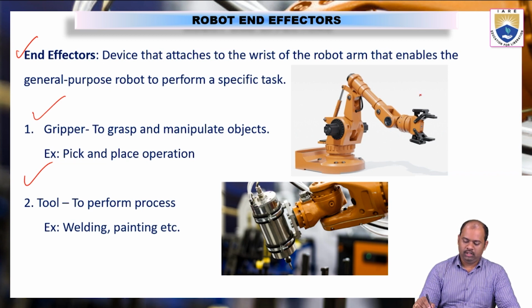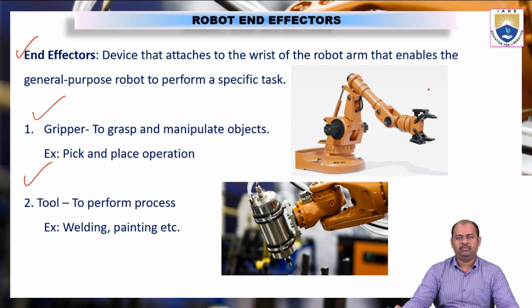Now, in robotics terminology, we use the word manipulation very often because the word manipulation itself indicates the movement of the robotic arm or the movement of the object along with the robotic arm.